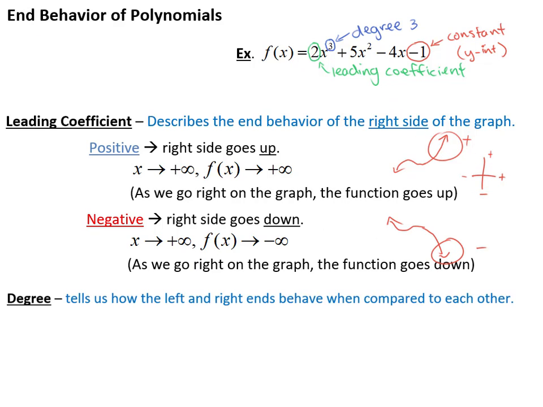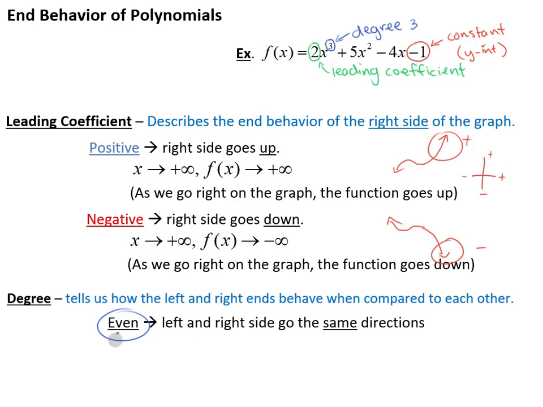Okay, again, the degree, which we talked about back up here in blue, tells us how the left and right end behave when we compare to each other. Specifically, if I have an even degree function, so if it's degree 2, or 4, or 6, or 8, any number, if the highest power is even, the left and right hand side will go the same direction.